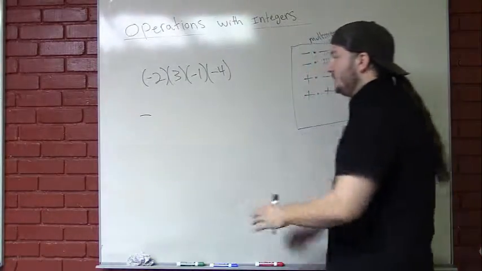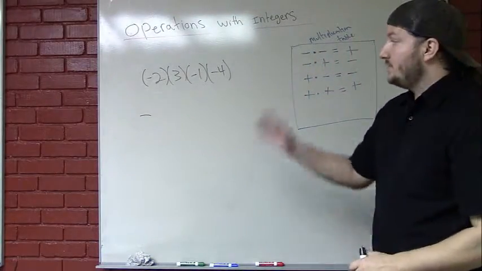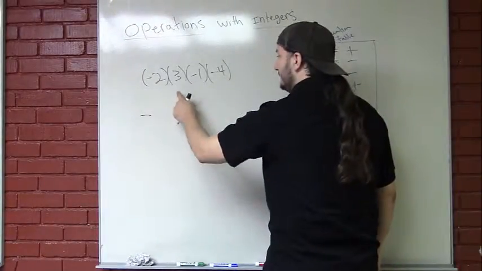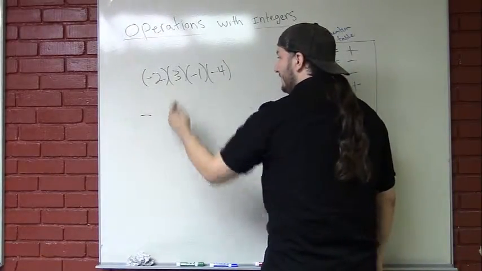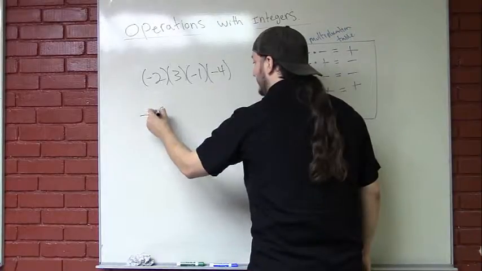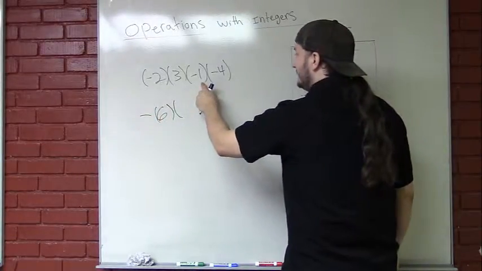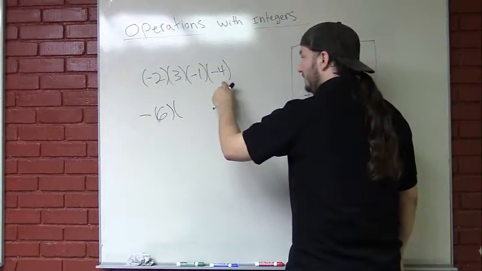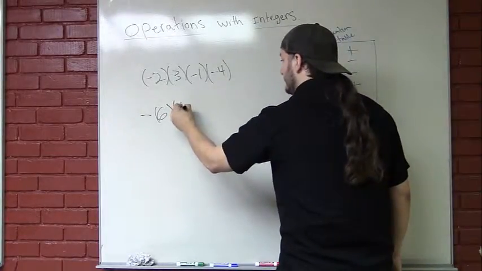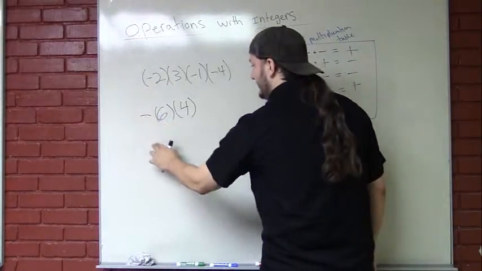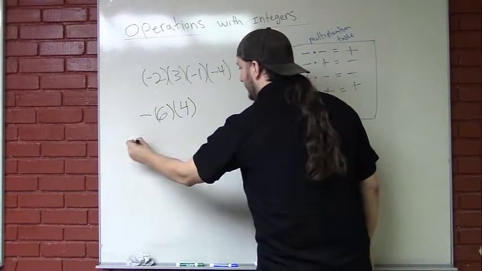So now that we already know what the answer is going to be, we don't have to worry about the signs anymore. So you just say, what's 2 times 3? We know that that's 6. And then what's 1 times 4? That is 4. So now you just keep the sign here.